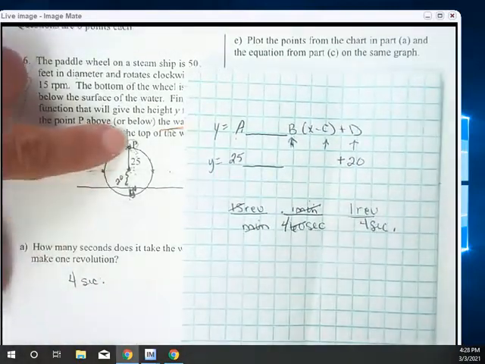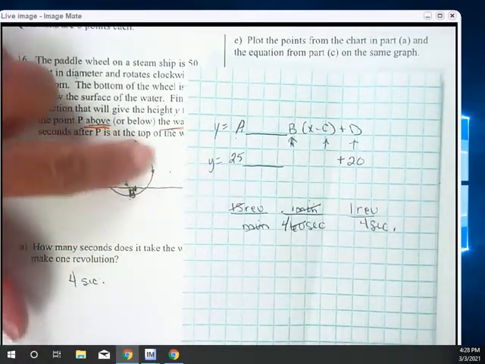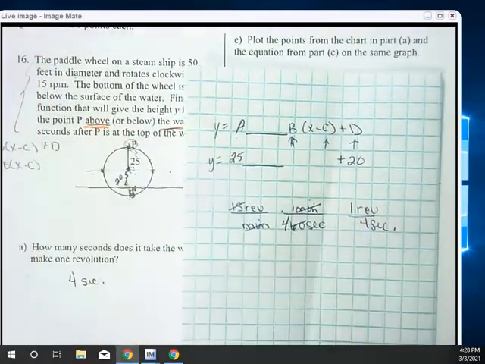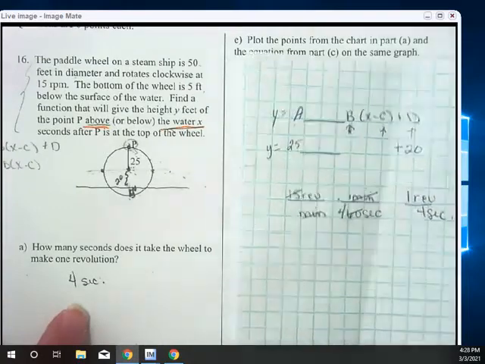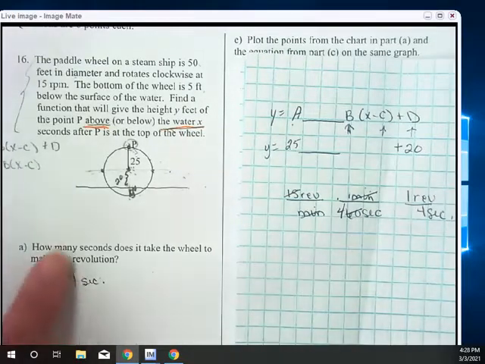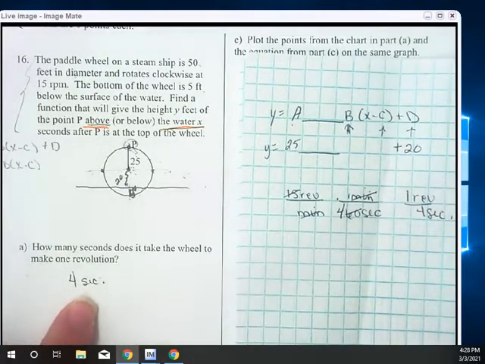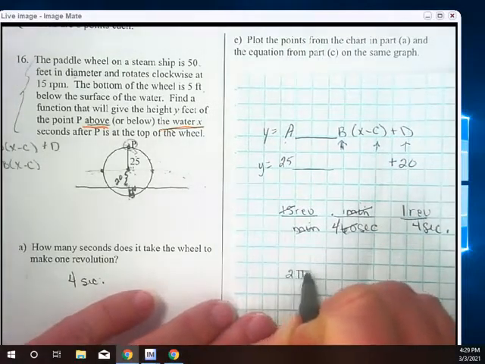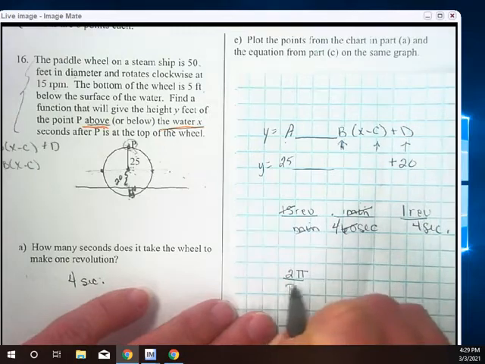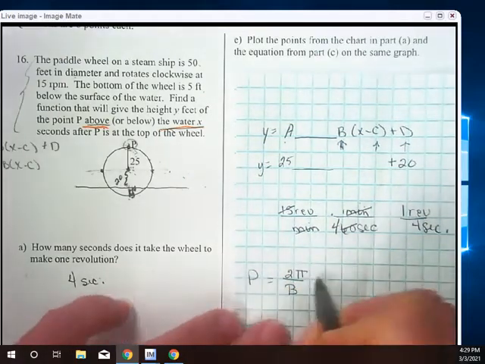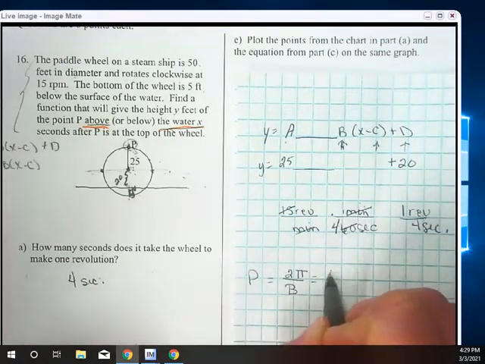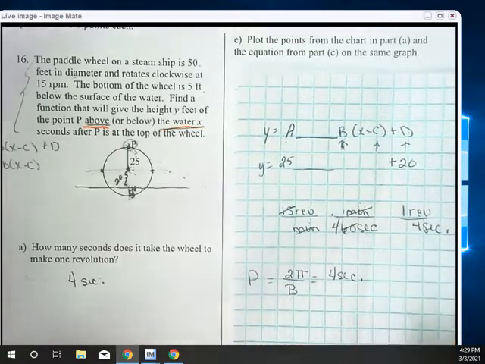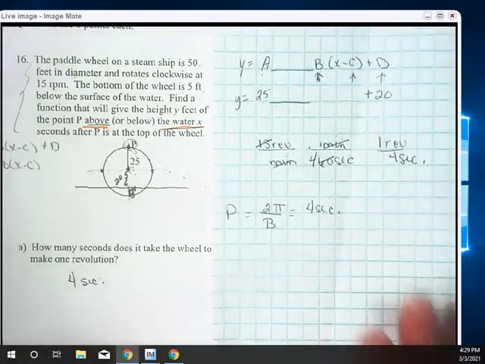1 revolution means it goes around the entire circle 1 time in 4 seconds, which tells me my period. Typical sine and cosine, the period is 2 pi over b, in 4 seconds. And to write the equation, I need the value of b.